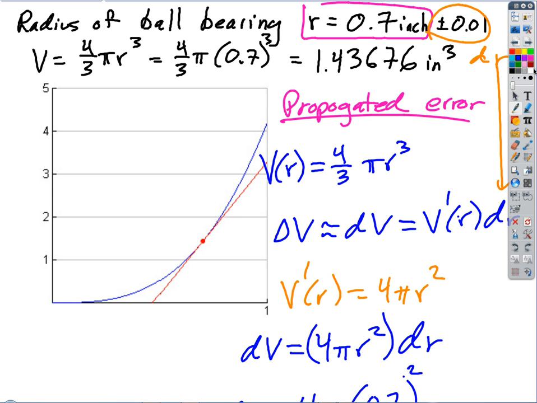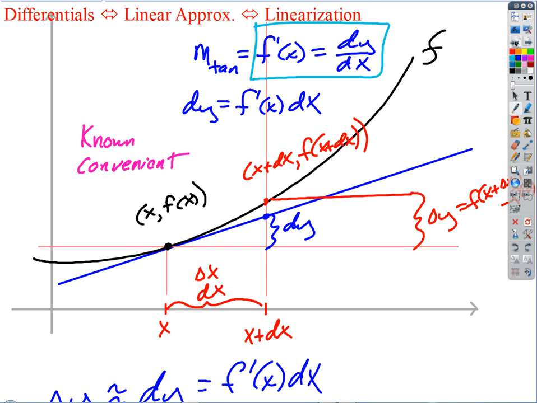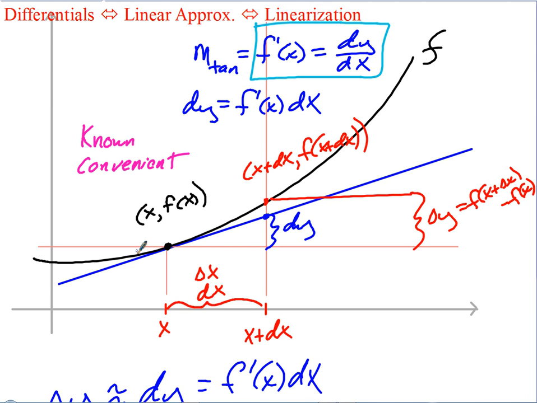Because if we've got a linear function and we go forward by a certain amount or backward by the same amount, the line is going to change by the same absolute amount. Because the slope is positive, if I go forward, dy is positive. If I go backward, dy is negative.